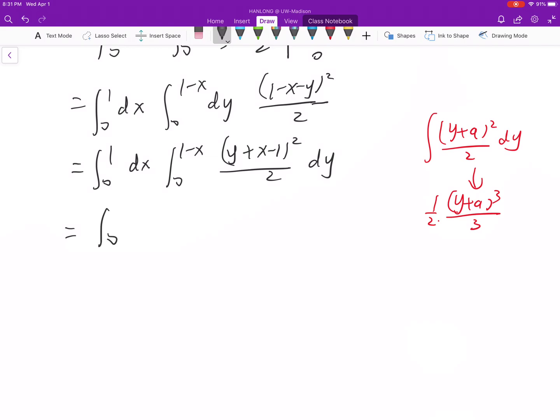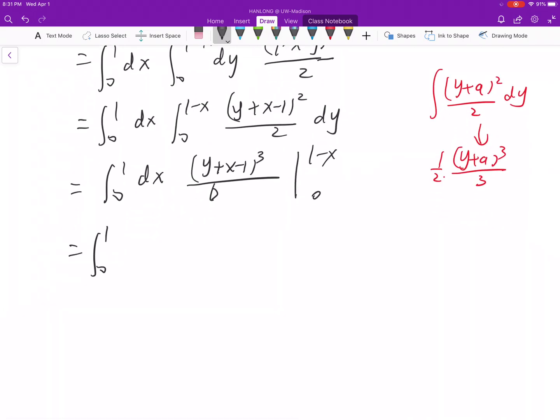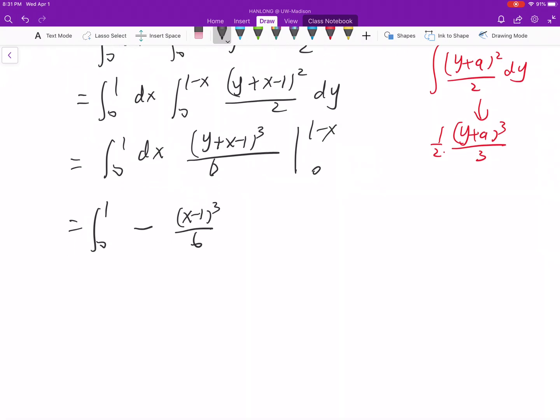Applied here, you have (y plus x minus 1) cubed over 6, from 0 to 1 minus x. When you plug in 1 minus x, you have 0. And when you plug in 0, you have x minus 1. So minus (x minus 1) cubed over 6 dx.